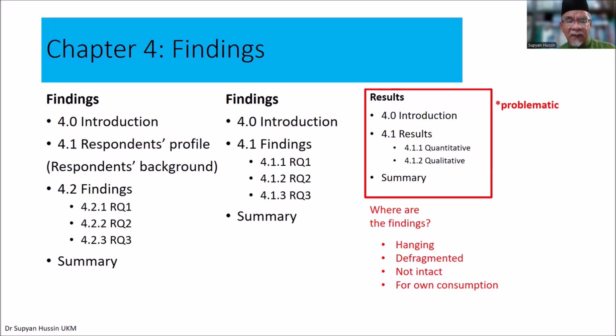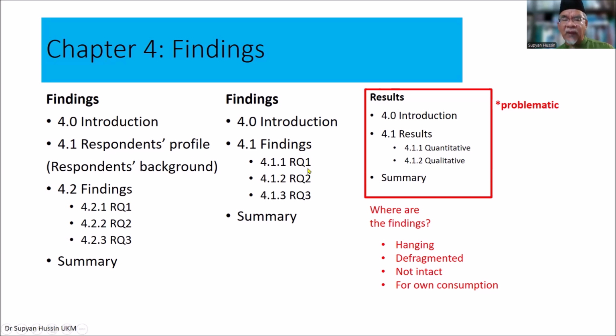Let's look at the next structure, which is right here in the middle. Now, this structure is a bit different from here, in which it doesn't have a respondent profile. There is a way to put the respondent profile background in this structure, but you embed the respondent profile before you present 4.1.1, which is research question 1.